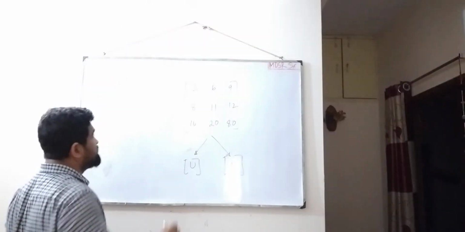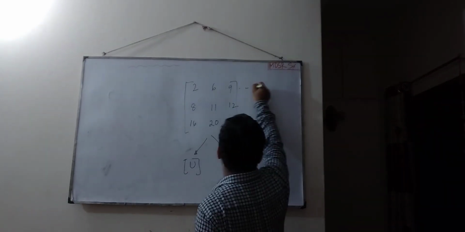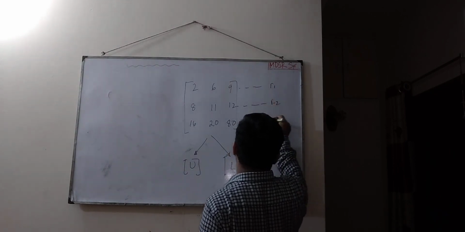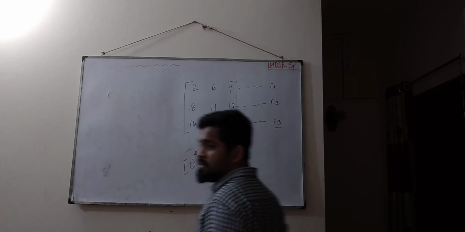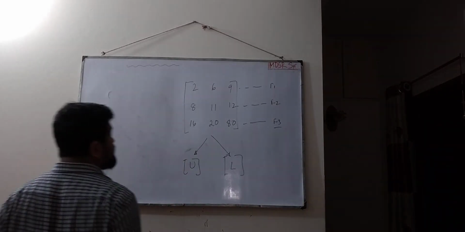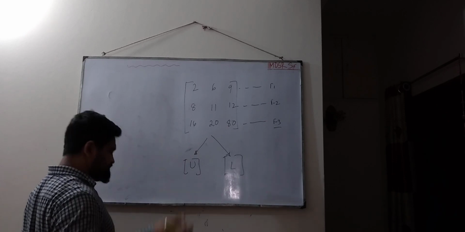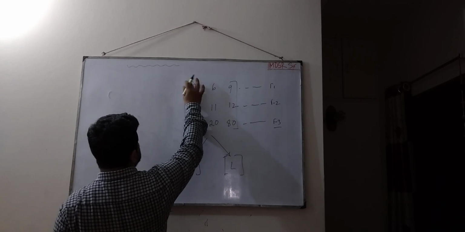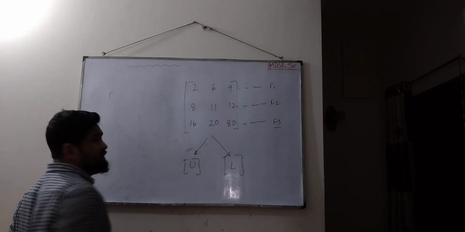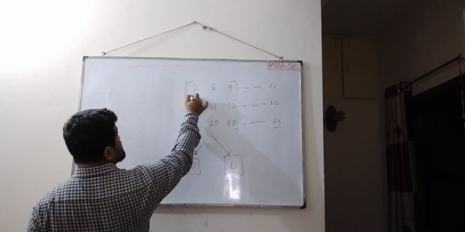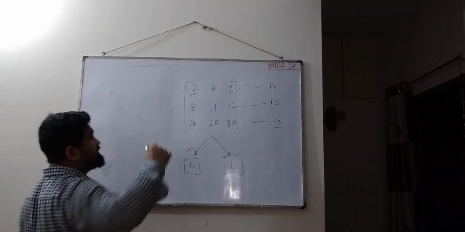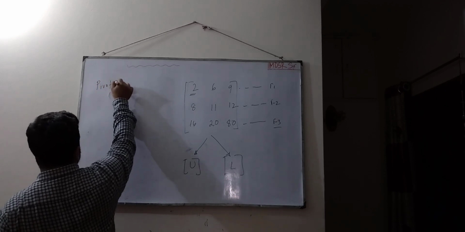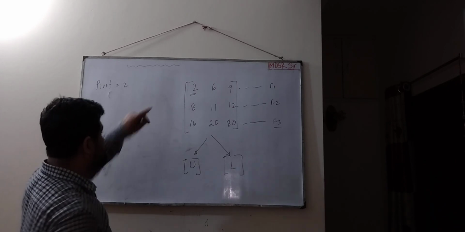We can consider this row 1, this row 2, and this row 3. Since we are using Gaussian elimination, we know we have to identify the pivot. Here the pivot is the first element, equal to 2.